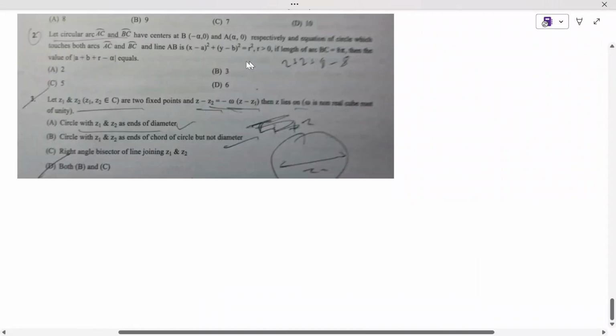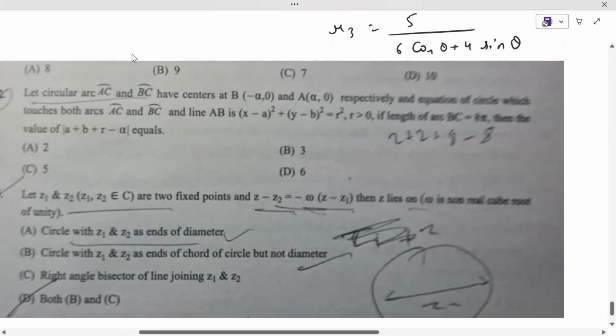Let a circular arc AC and BC be given. The question is about the equation of a circle that touches both arcs AC and BC in the line AB, and the length of arc BC. Okay, fine.